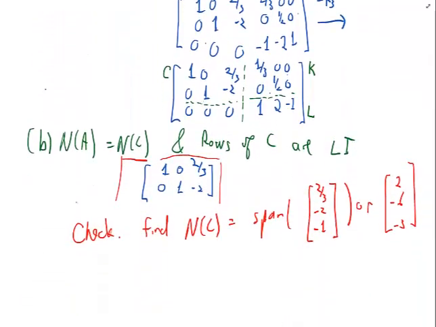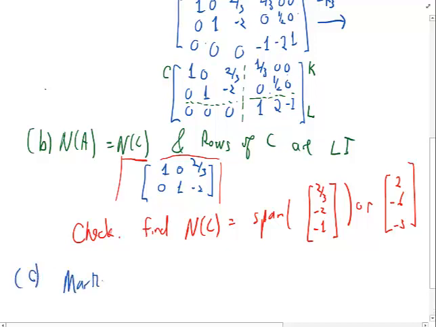So part C, matrix L. I don't know exactly which theorem that is, but I would have hoped that you put that on your cheat sheet. So we know that the null space of L is equal to the row space of A transpose.